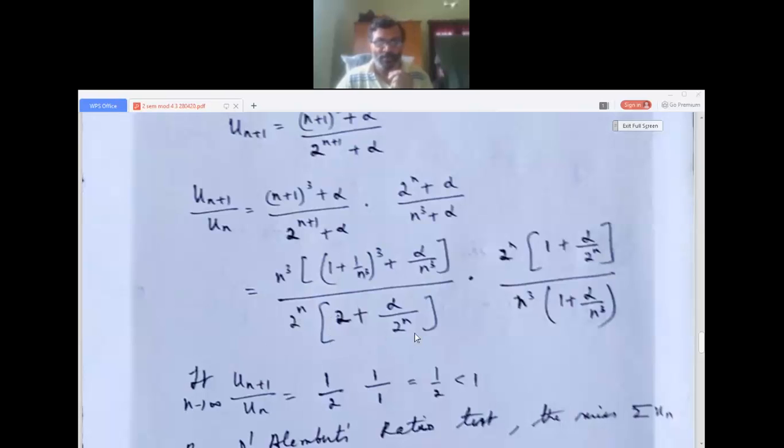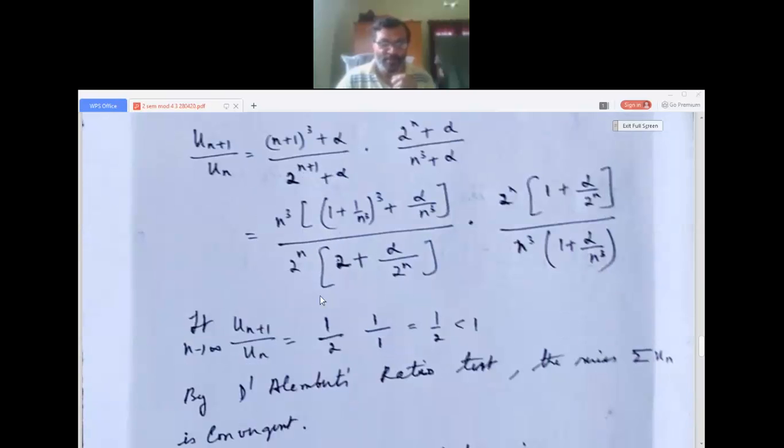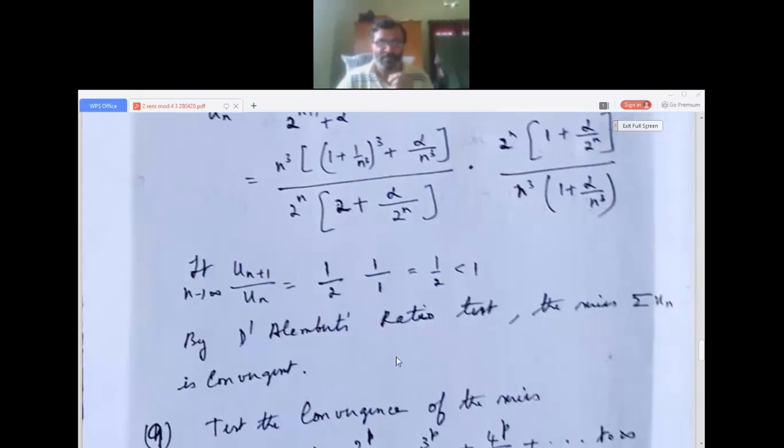So 2 power n outside, n cubed outside, the cancelling terms cancel. With n in the denominator, the limit as n tends to infinity will be 0, so we get 1 by 2, which is less than 1. So by D'Alembert's ratio test, the series sigma un is convergent.